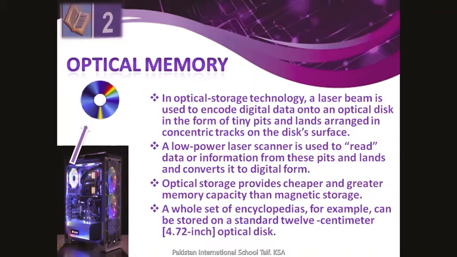A low power laser scanner is used to read data or information from these pits and lands and converts it to the digital form. Optical storage provides cheaper and greater memory capacity than magnetic storage. A whole set of encyclopedia, for example, can be stored on a standard 12 centimeter (4.72 inch) optical disc.